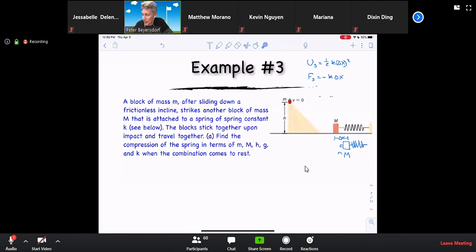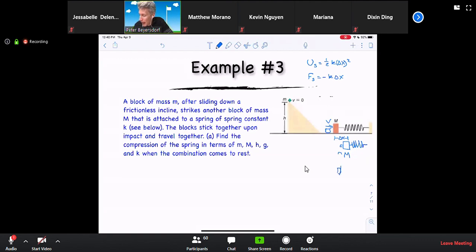So while I can consider conservation of energy as the block goes down the ramp to figure out how fast it's going at the bottom, I can't use conservation of energy from the very top to the very end. Rather, I'm going to have to consider the point where the block is moving with some speed v just before the collision.